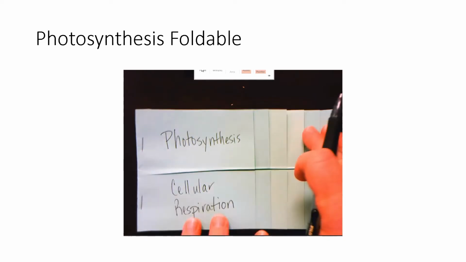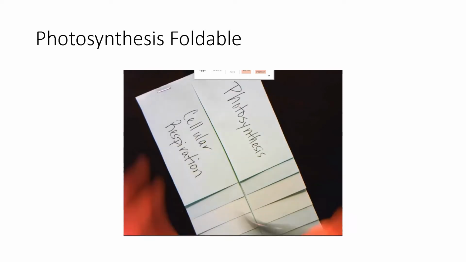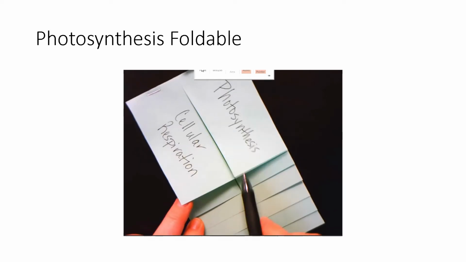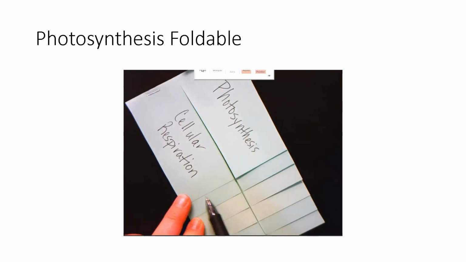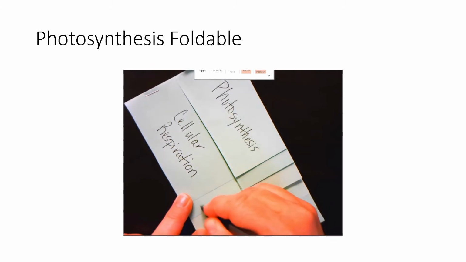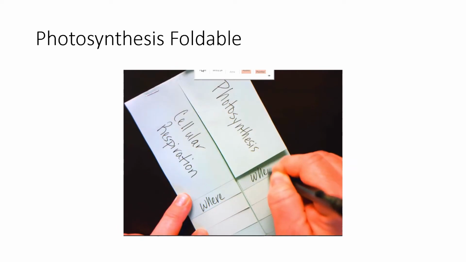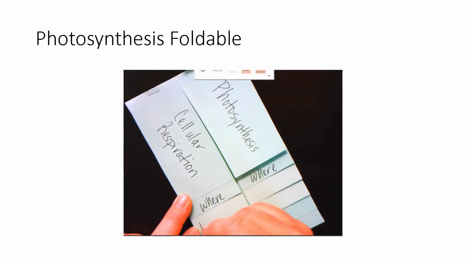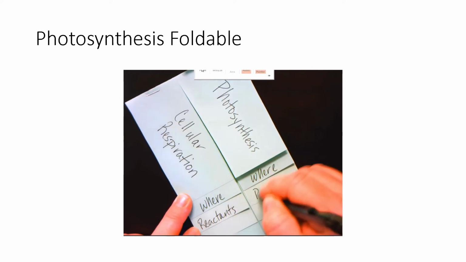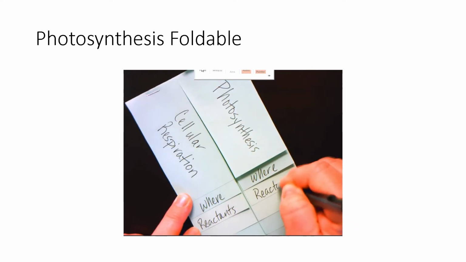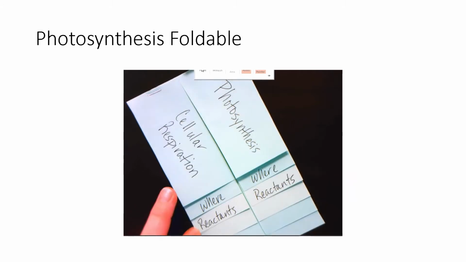Okay, so turn it kind of sideways like this. On this first tab, not the one that has photosynthesis and cellular respiration, but the first tab right here, write where, and then reactants. Are reactants on the left or right side of an equation? Left.